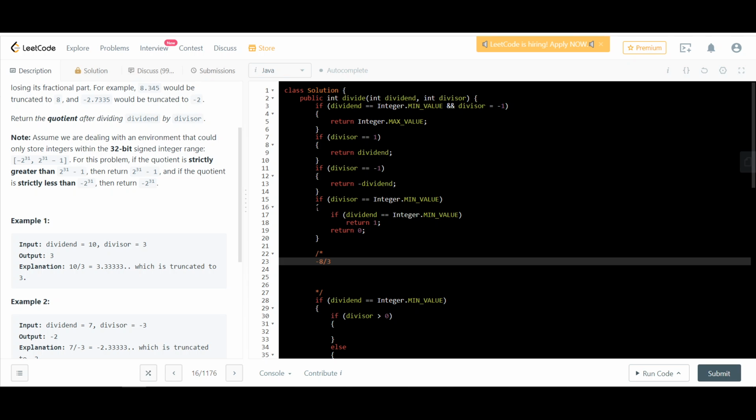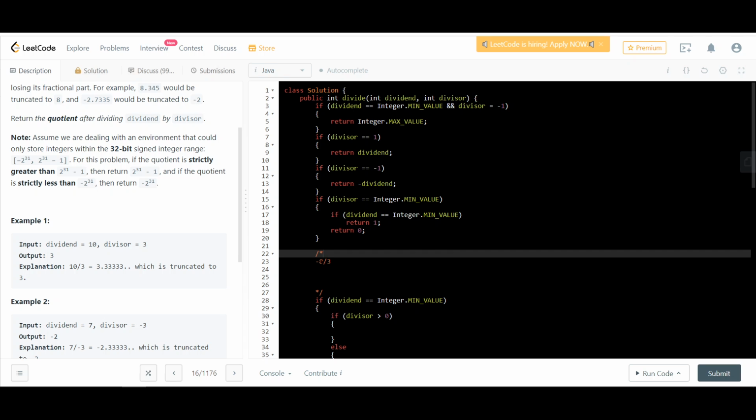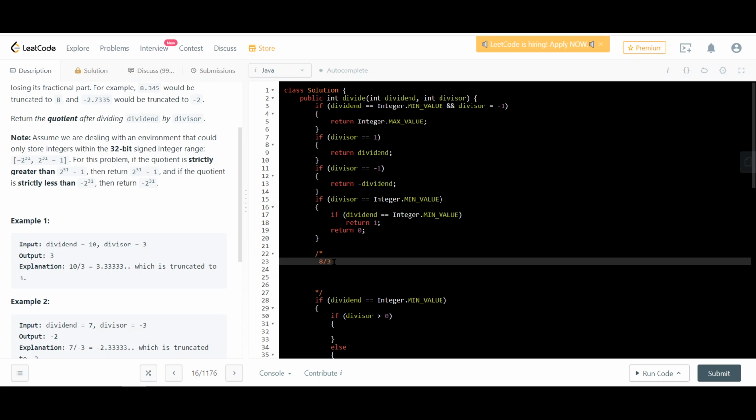In this case I want to make the magnitude of the dividend smaller than 8, so I basically remove one divisor from it. I could make it minus 8 plus 3 minus 3 by 3, and it becomes essentially minus 5 by 3 minus 1, right?